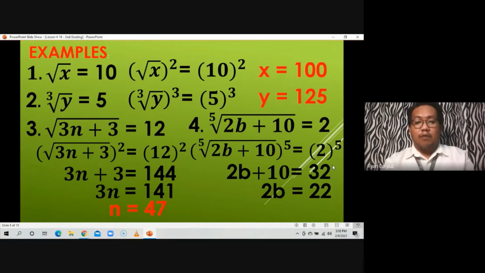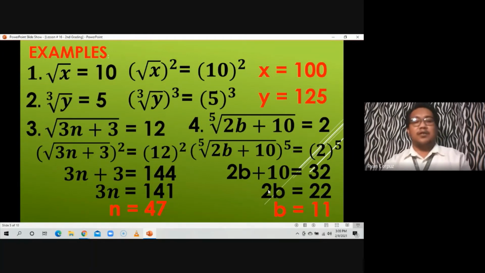Then, since we are looking for b and still b here is still accompanied by 2, so we still have to divide both sides of the equation by 2. So when you divide 2b by 2, matitira is b. That is what we are looking for. And 22 divided by 2 is equal to 11. So that's why the answer to number 4 is b, which is equal to 11.